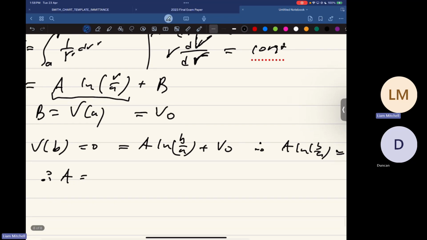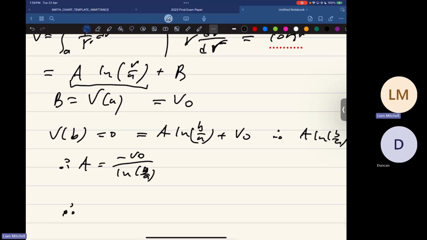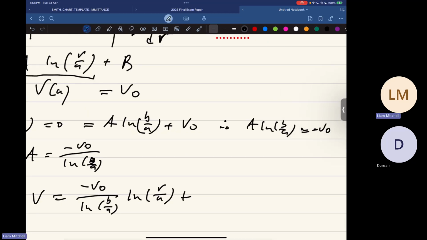So this means that a is just minus v naught over ln b on a. So our formula for v is minus v naught over ln b on a times ln r on a, plus v naught, which is actually v naught times 1 minus ln r on a over ln b on a, which kind of makes sense.